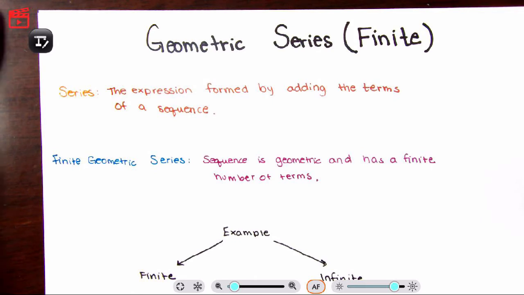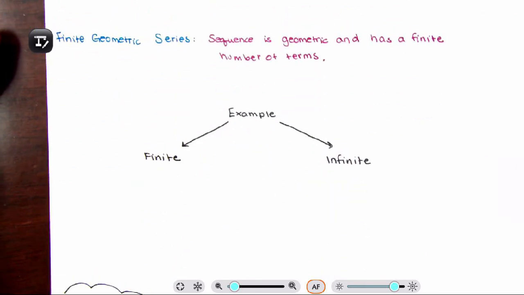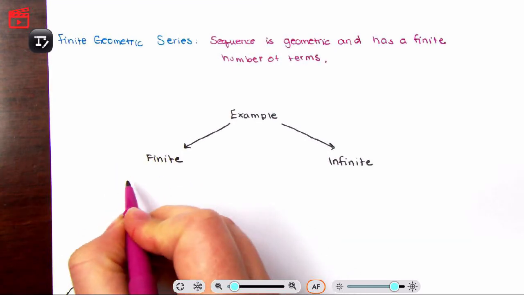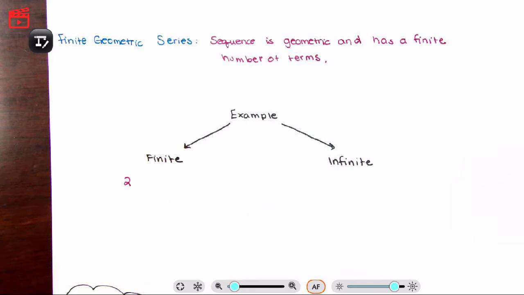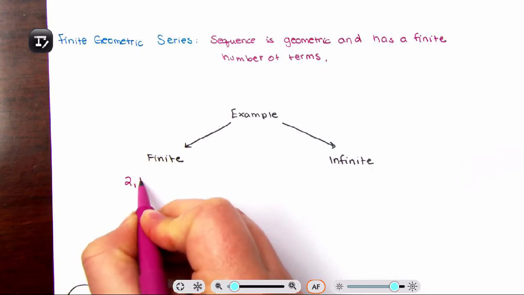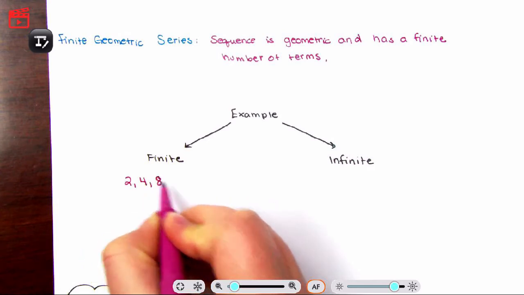All right, let's go ahead and do a quick example of the difference between a finite and an infinite. Again, this is going to be super duper basic, but I just want to show you. If we have a geometric sequence, let's say 2, times 2 is 4, 4 times 2 is 8.